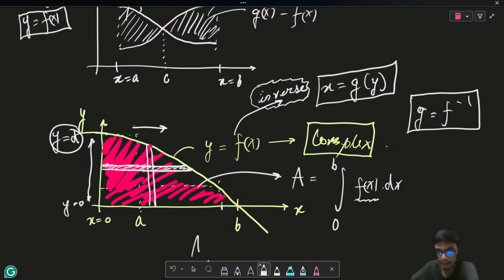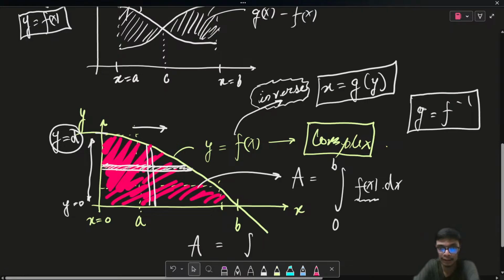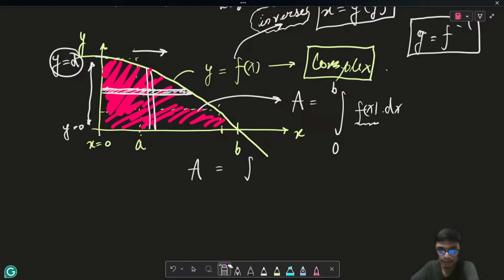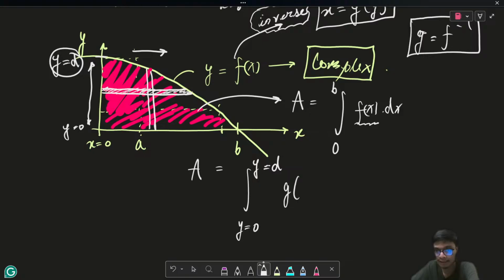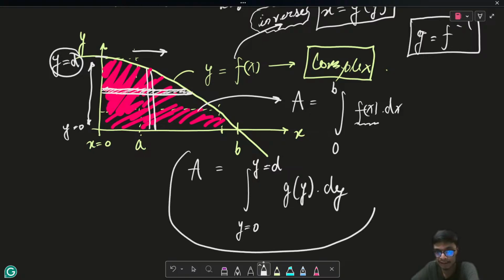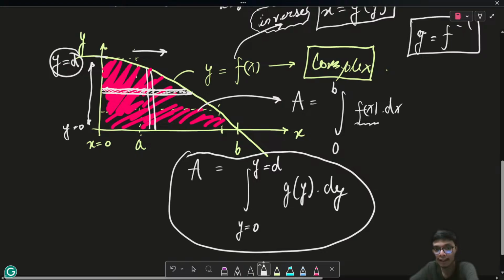So therefore, my ultimate area can also be given as an integration where the limits will be in terms of y, that is y going from y equal to 0 to y equal to d, for the function g of y dy. Okay, and this will also give me my required area.